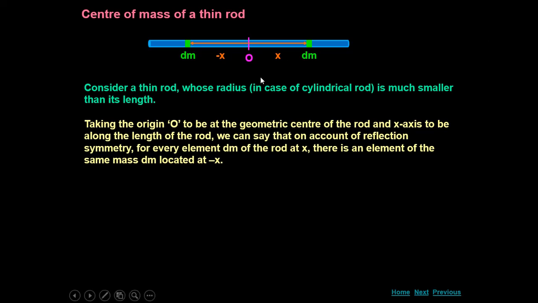In the same way, if you take one element on the right side of the thin rod, then you should have a similar element at the same distance on the opposite side. It is just like a reflection of this element. So based on this reflection symmetry, because we already assumed that this rod is a homogeneous material, the density of this entire rod is distributed uniformly.